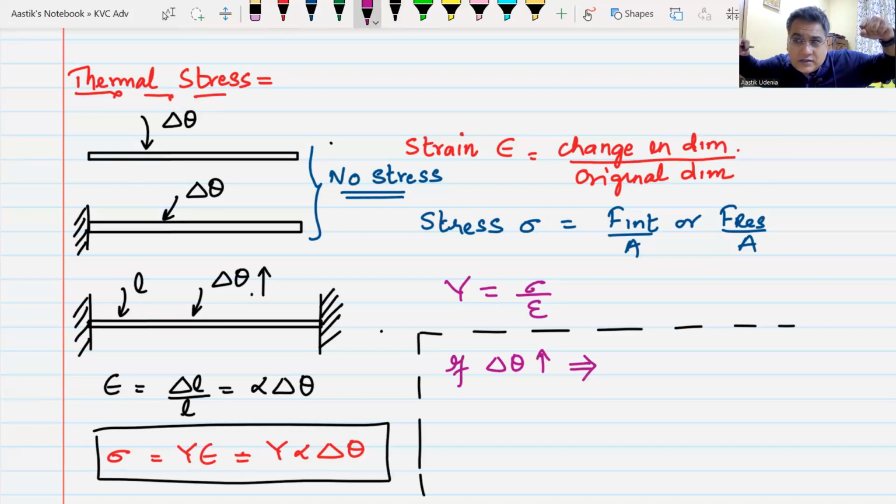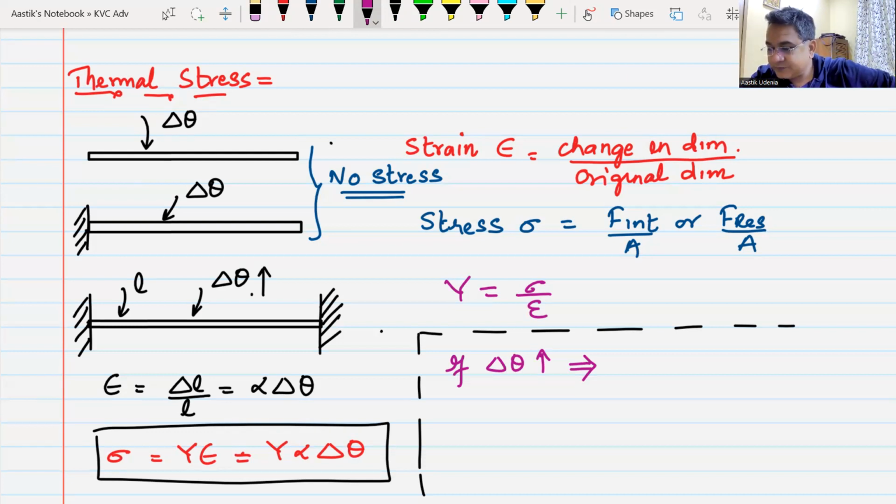One could be compressive, one could be tensile. Compressive thermal stress is trying to compress the rod. Tensile stress is trying to extend the rod. Which type of thermal stress is developed in this rod because of temperature increasing for the rod? Is it compressive or is it tensile?